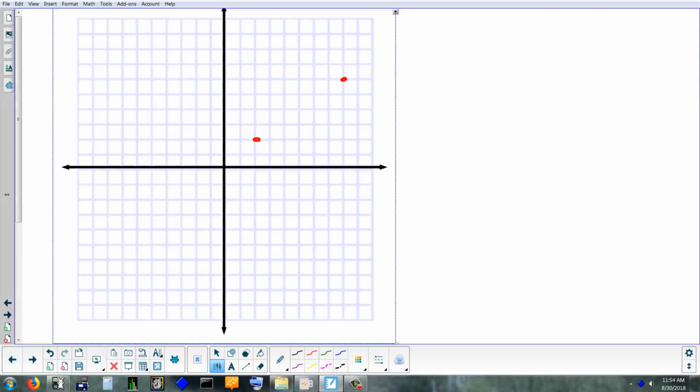How could I find the distance between those two dots? What could I do? Pretending like I don't have a ruler or anything like that. So I can't use a ruler. I want to do something like a calculation to find the distance between the two.